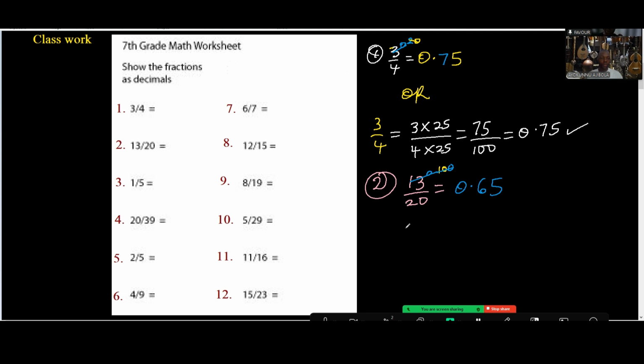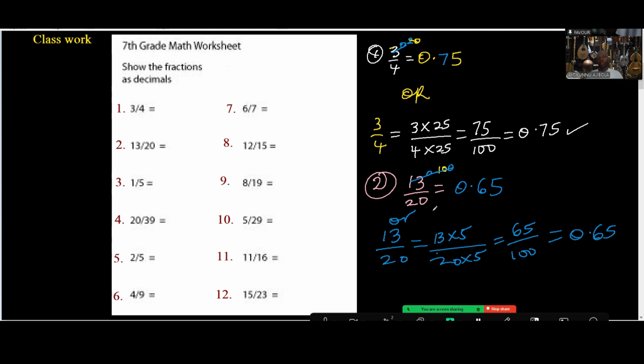If you want to use the other method, you're just going to say 13 over 20, this times 5, 20 times 5 is 100, so 13 times 5. This is going to be 65 over 100, and this will be 0.65.